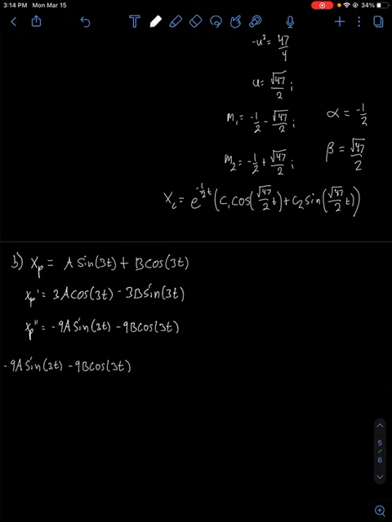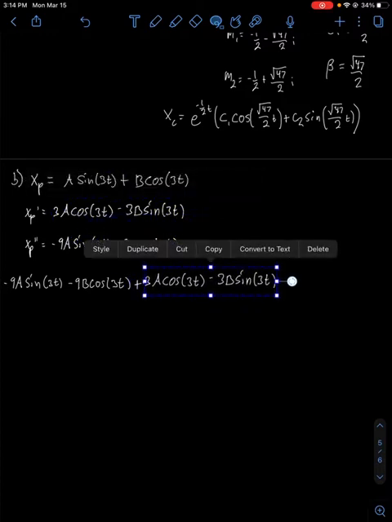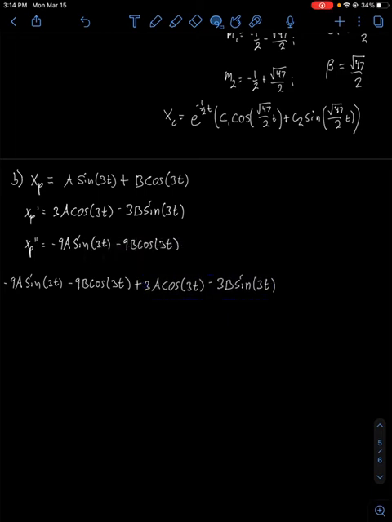So we'll keep that in mind. And then it's plus x prime of t, x sub p prime, and then it's plus 12 x prime of p.